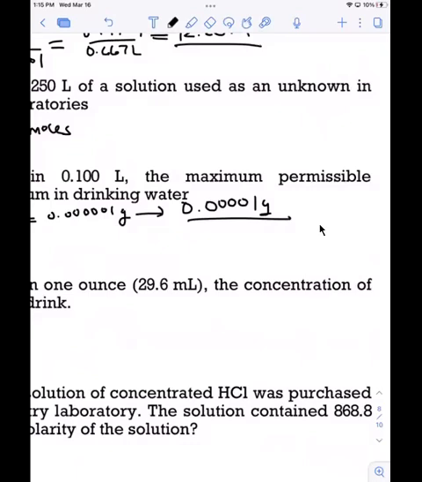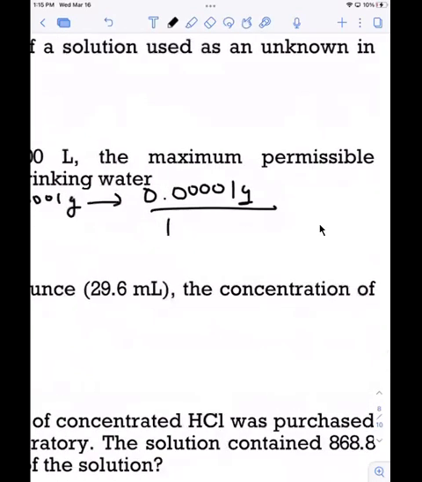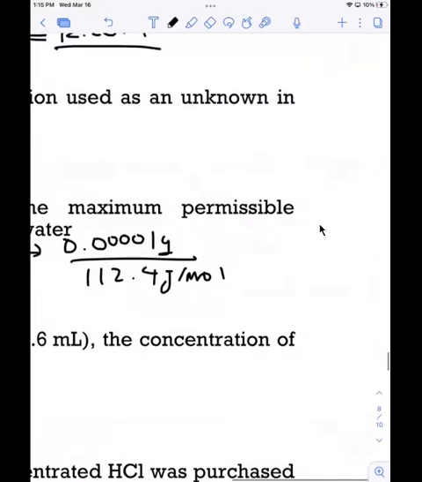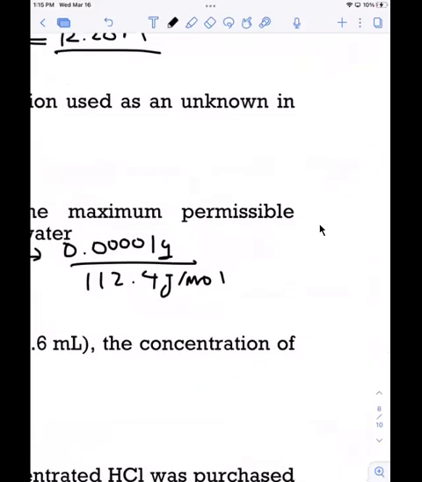Is it 112.411? Just say 112.4 grams per mole. So we're going to take that number and divide it by 112.4. And we get, in this case, 8.9 times 10 to the minus 9. That's what I'm getting in my calculator. And this is moles.